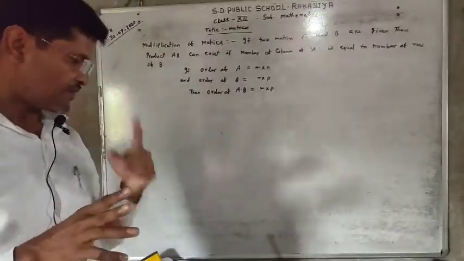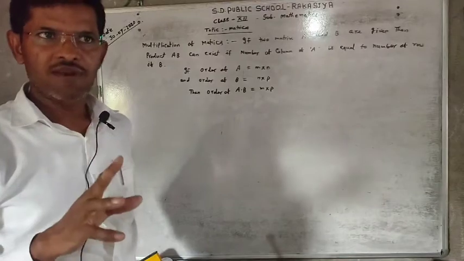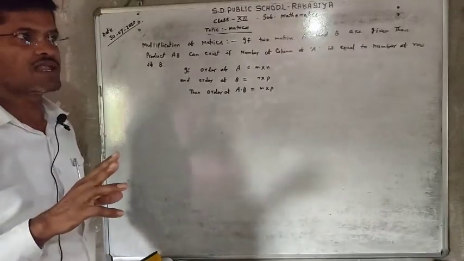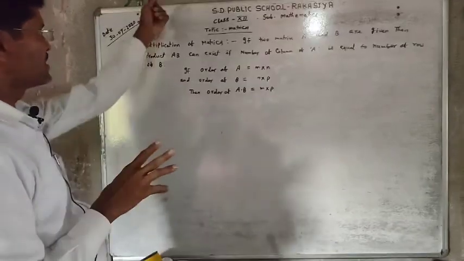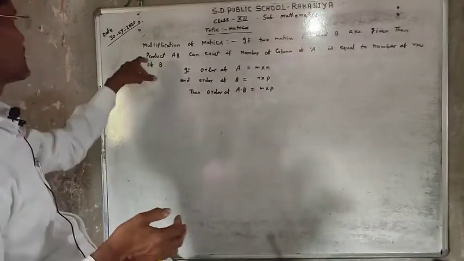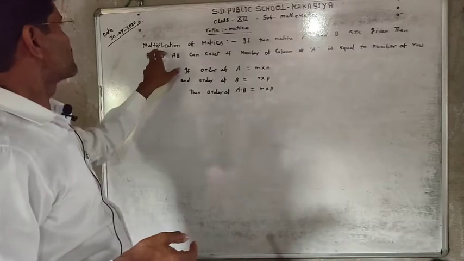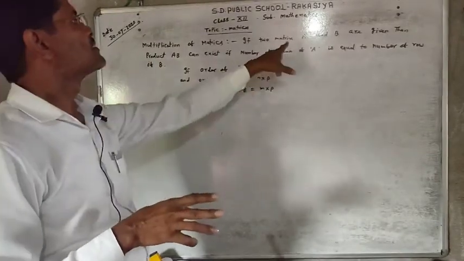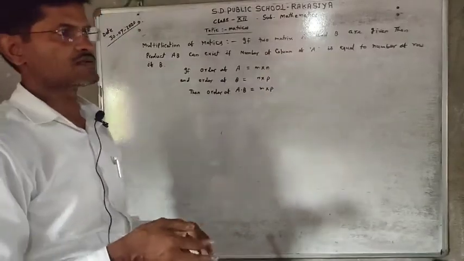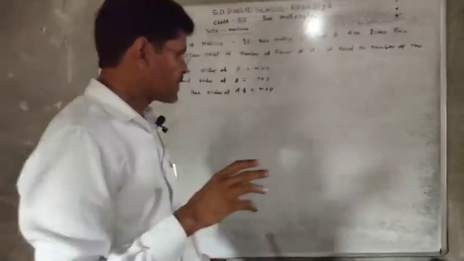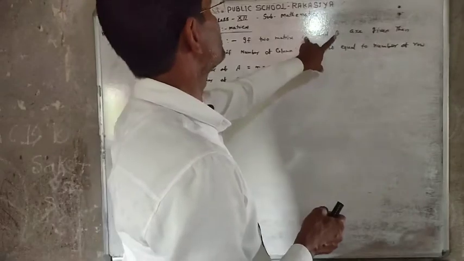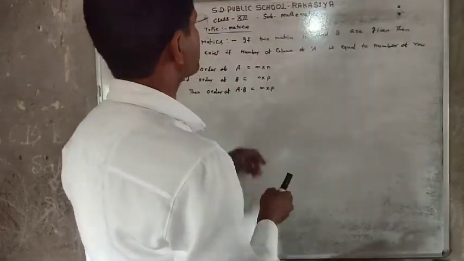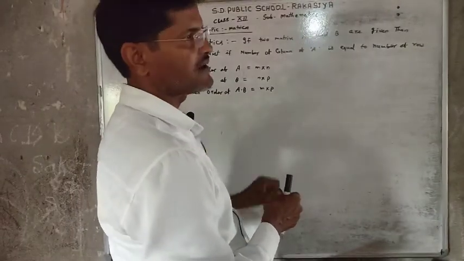A binary operation is an operation in which only two elements can be involved in the process. Similarly, multiplication of matrices can exist for two matrices, and there is a condition for finding the product of matrices.